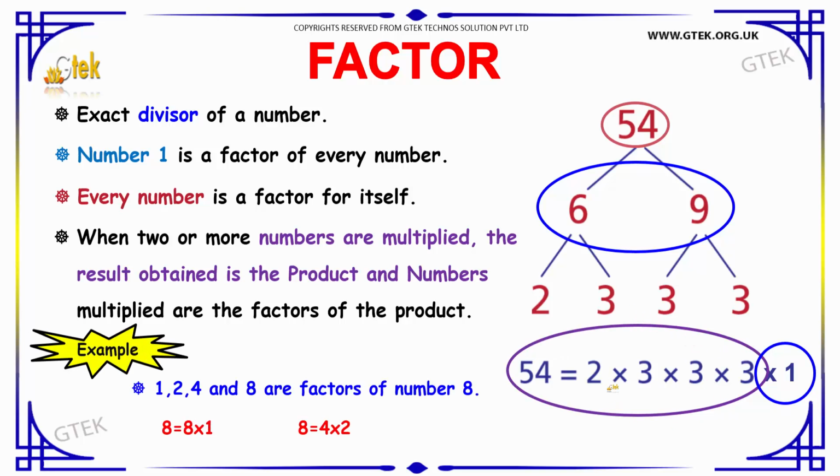So if you see over here, the numbers 2, 3, 3, 3 are multiplied to obtain the result 54. So 54 is your product, and the numbers that are multiplied are the factors of the product.